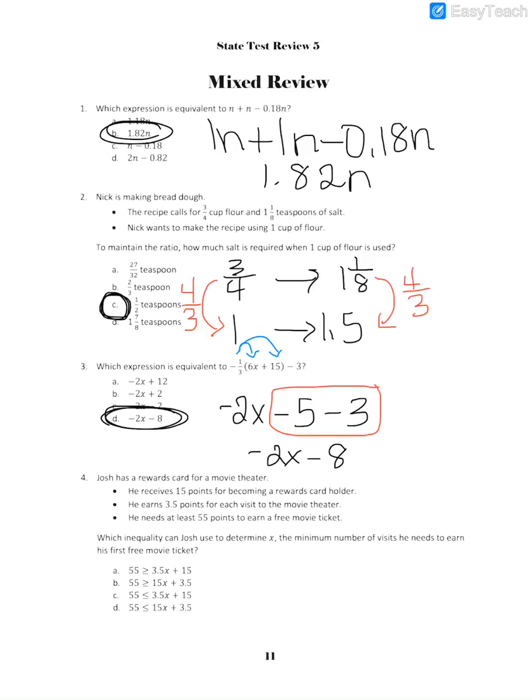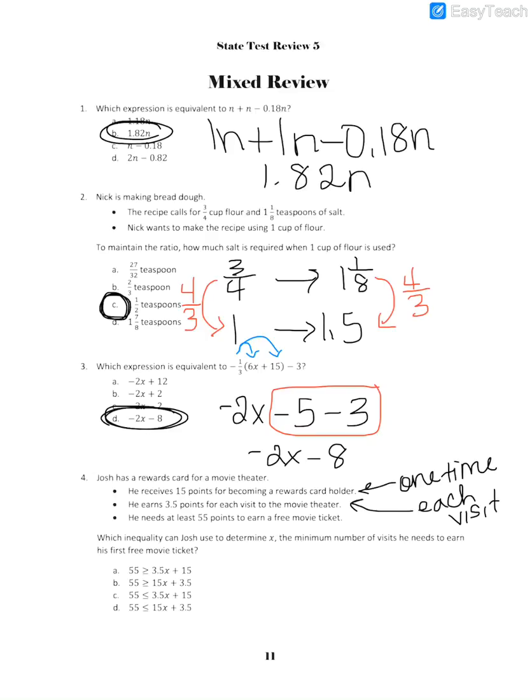Okay, number 4, Josh has a rewards card for a movie theater. He receives 15 points for becoming a rewards card holder. So that's a one-time gig, I think. One time that he gets those 15 points for becoming a member. He earns 3.5 points for each visit. So this one is every time that he visits, each visit.